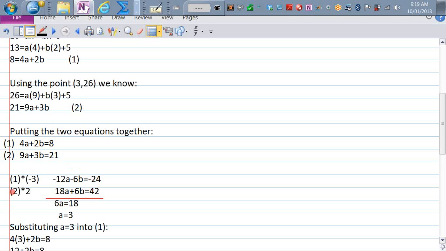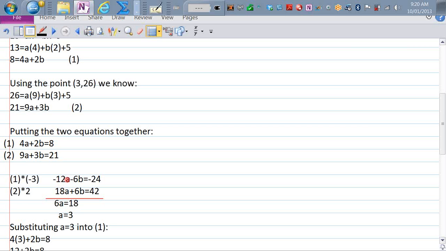We're going to multiply equation 2 by 2, so we get 18a plus 6b equals 42. The reason we do this is because the lowest common multiple here is 6. So we make 1 minus 6 and 1 plus 6 so that the b terms cancel. So we're eliminating the b term, so we only have a.